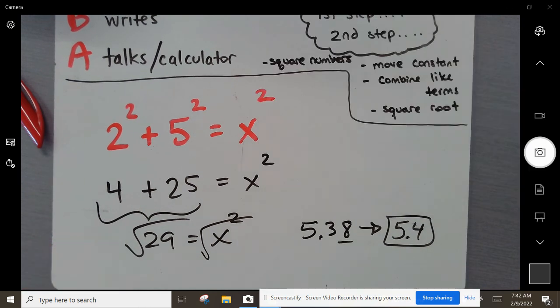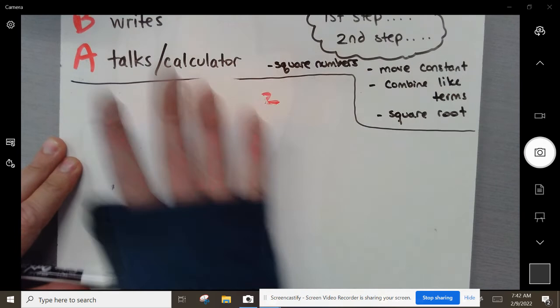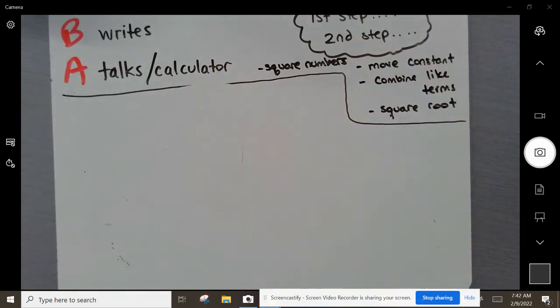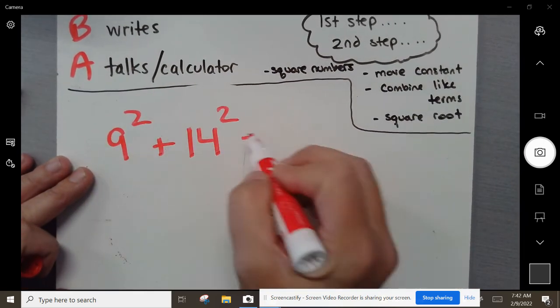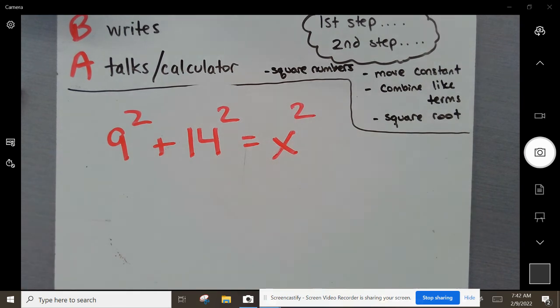Let's do one more. Ooh, this one's going to need your calculator. All right, do the best you can with this one.